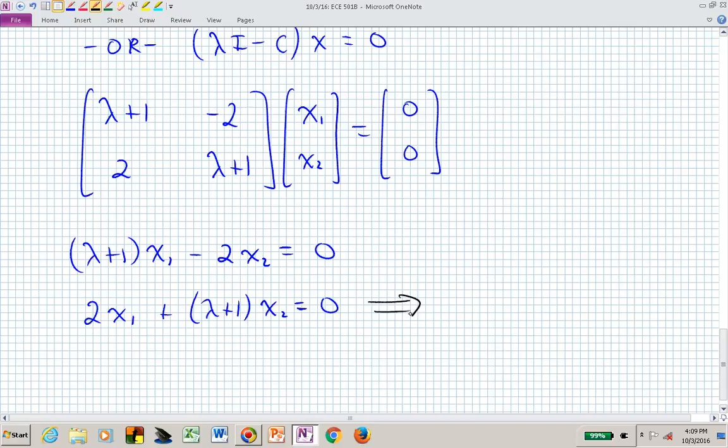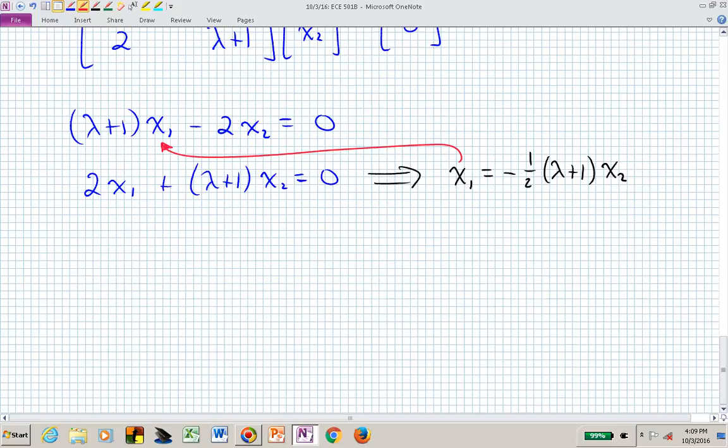Let's use this second one to actually solve for x1, where now x1, if we divide by 2 and take the other term to the other side, we have x1 as minus 1/2 lambda plus 1 x sub 2. And what we want to do now is take this x1, put it back into the first equation, eliminating x1, and we will end up with one equation in the one unknown x sub 2, assuming that lambda is a known quantity or yet to be determined value.